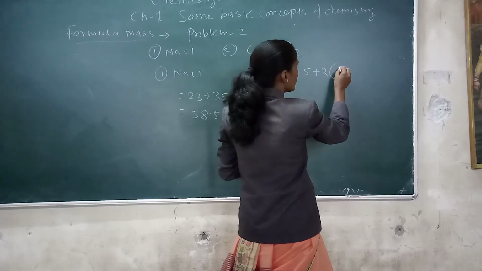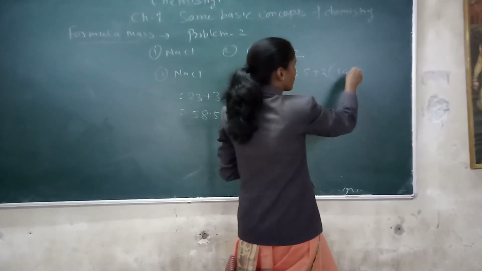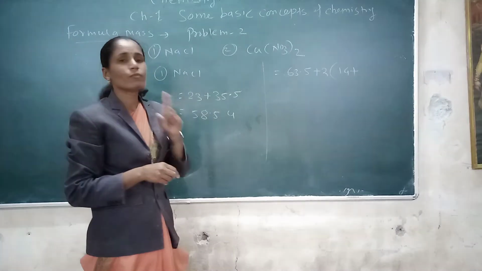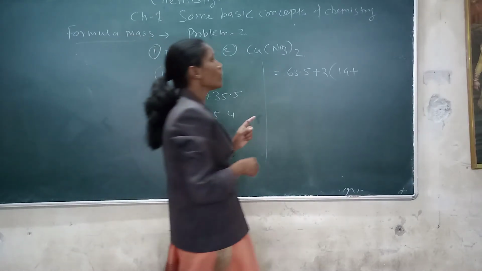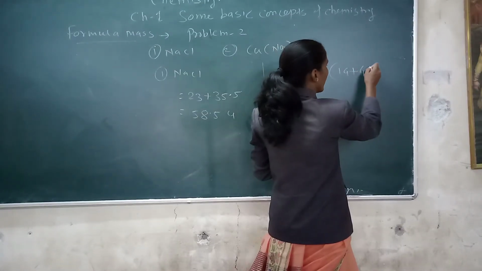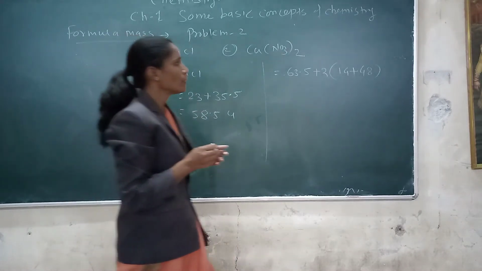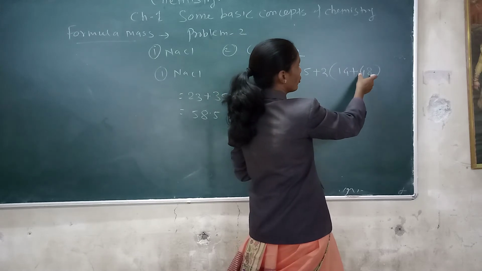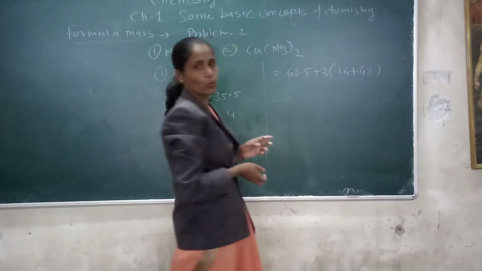Nitrogen shows mass 14 plus oxygen 3 oxygens, 1 oxygen shows 16, means 3 times 16, and multiplied by 2.